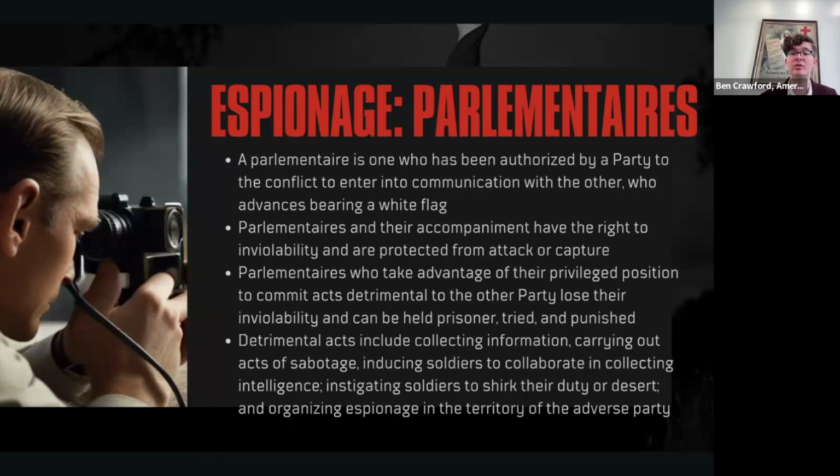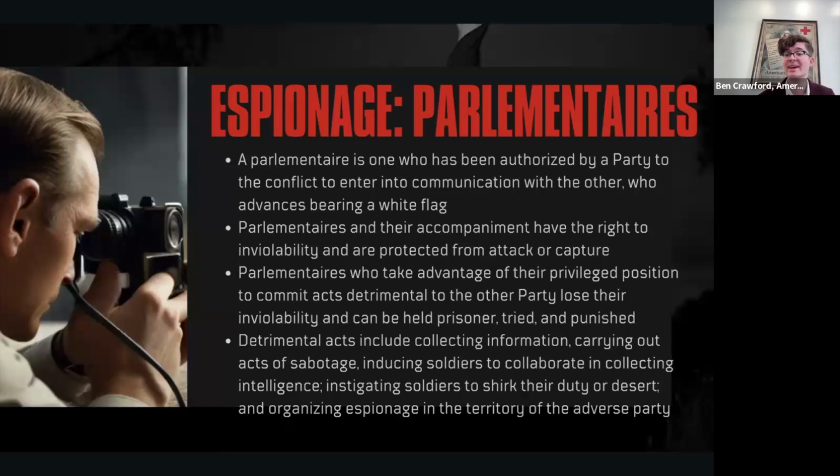Parlementaires and their accompaniment have the right to inviolability and are protected from attack or capture. Parlementaires who take advantage of their privileged position to commit acts detrimental to the other party lose their inviolability and can be held prisoner, tried, and punished under the laws of the power within whose party they are under.